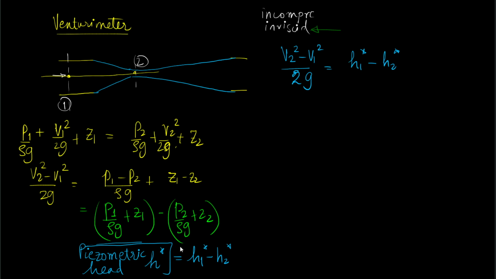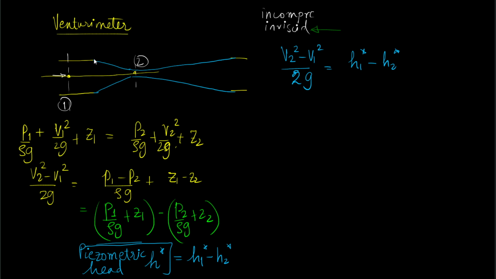So a piezometric head is something which will be measured by a piezometer. So a piezometer is able to separate out the dynamic pressure. So this particular contribution, half rho v square, is called the dynamic pressure. And the piezometer is not able to measure the dynamic pressure, but it is able to measure the combination of P plus rho g z. Hence, that particular head is also called a piezometric head.